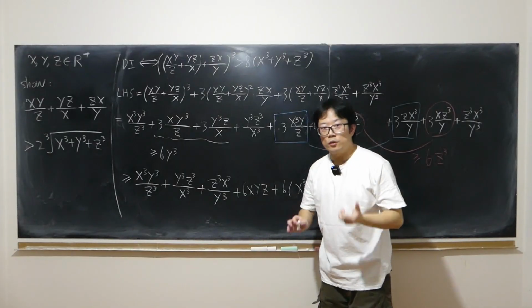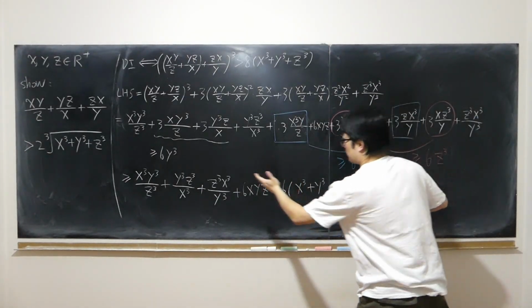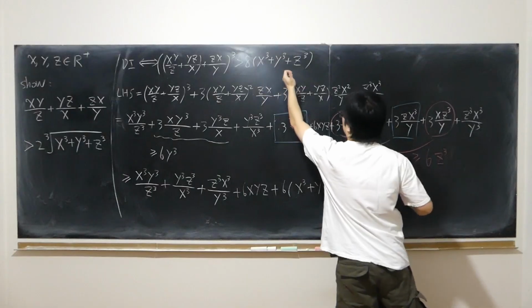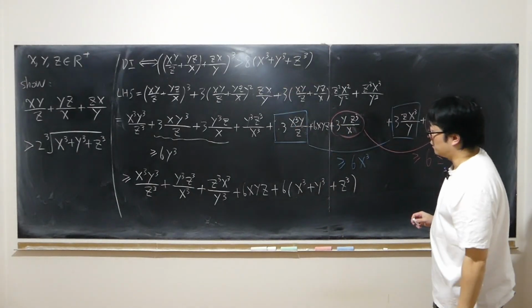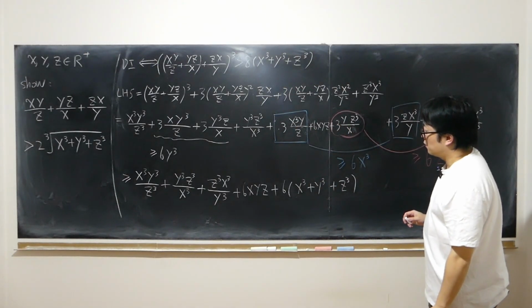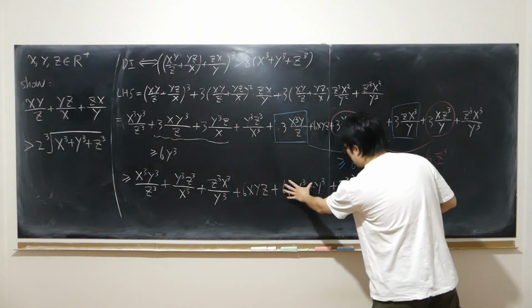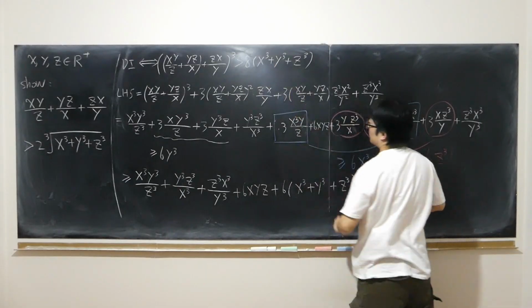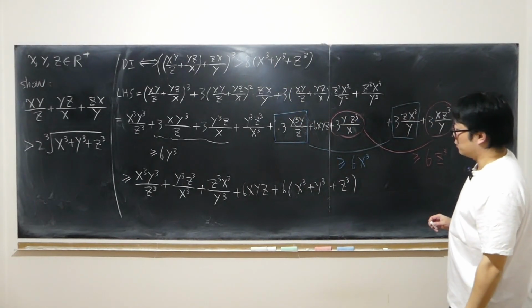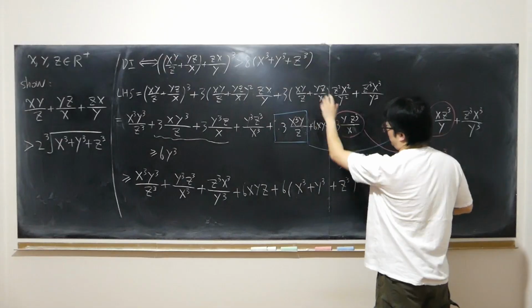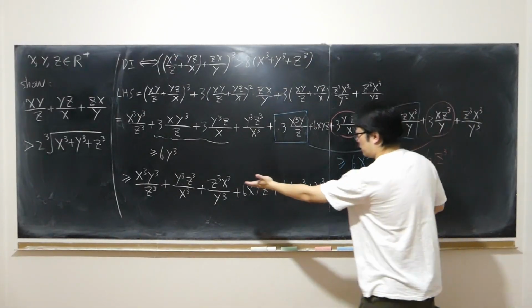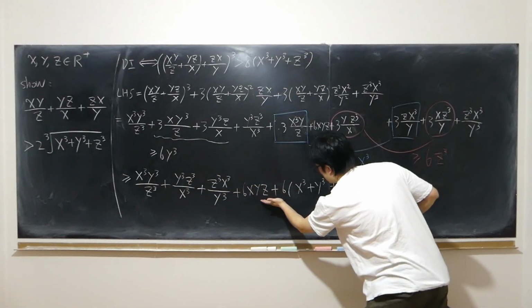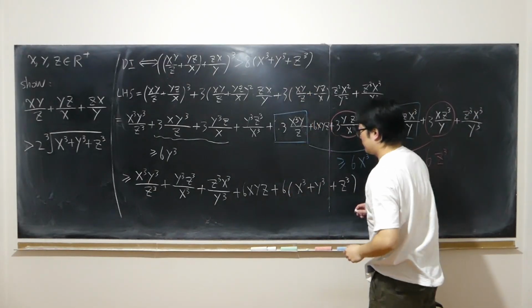So, in other words, can we show that this whole thing is greater than this thing? Because remember, this is 6 times this thing, and that's 8 times the same thing. When you subtract this from there, can we show this is greater than twice of that?